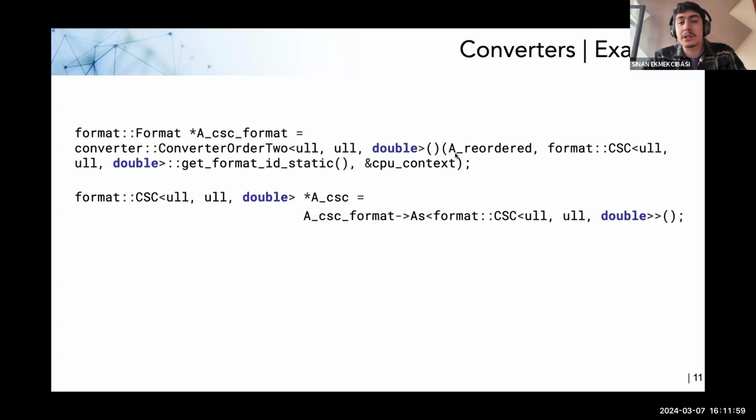We pass the reordered file, the desired format, and the CPU context. This is one way of doing the conversion, and another way can be seen in the second example. We basically call the As function from the CSC format, and perform the conversion like that.